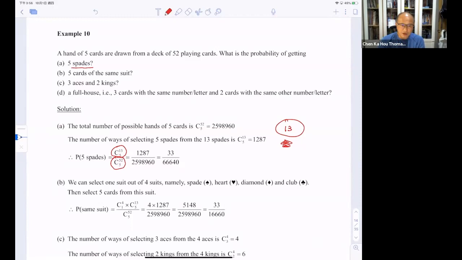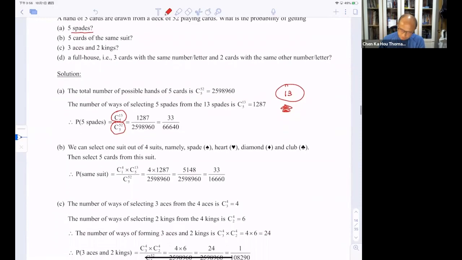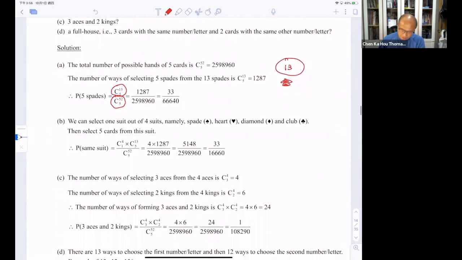Next one, B: 5 cards of the same suit. For a single suit, say spades, there are 13C5 ways to do it, but among the 4 suits you choose 1, so times 4C1. So the answer is the answer of A times 4.